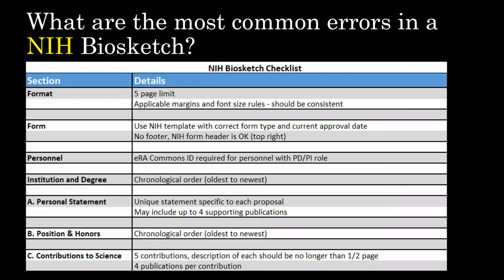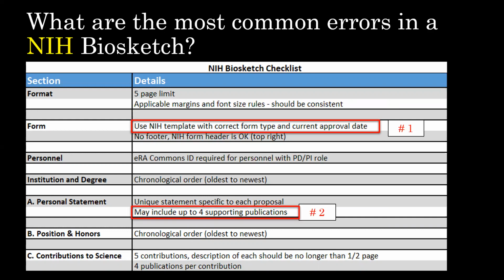So again, on the website, on the Blink site, we have all of these checklists. We have an NIH Biosketch checklist, NSF, and we also have a quick guide. So if you want your own copies of these. But just to go over this again, and as you can see, you can use your checklist as a quick guide. This is the number 1 problem that we see in the SPO offices, is that it's on the incorrect form.